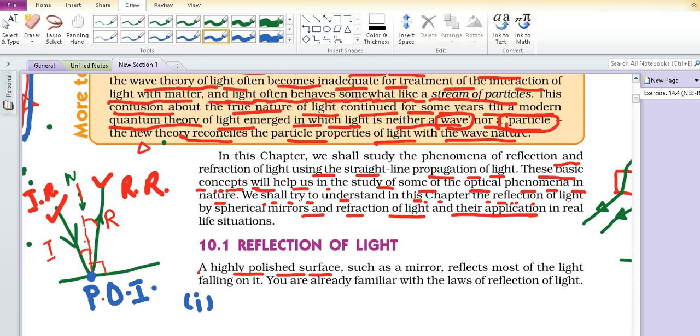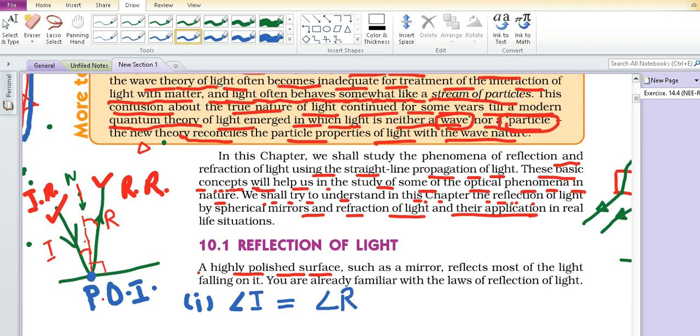The first law is that the angle of incidence will be equal to the angle of reflection. We can define the angle of incidence like this: this is the normal, and the angle is made by the incident ray with the normal.